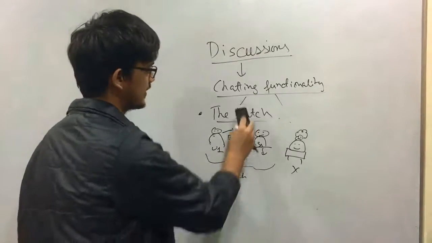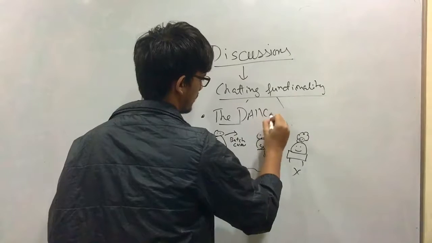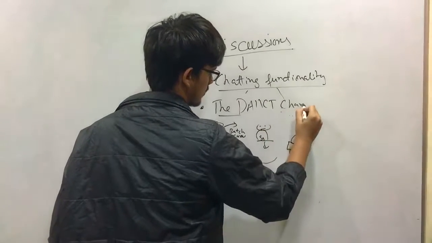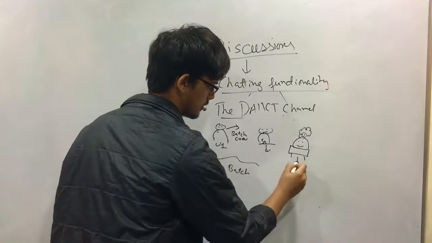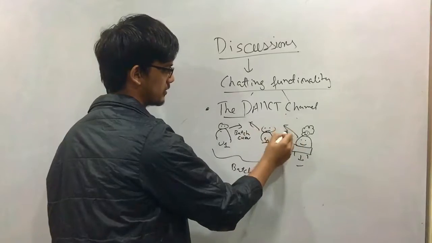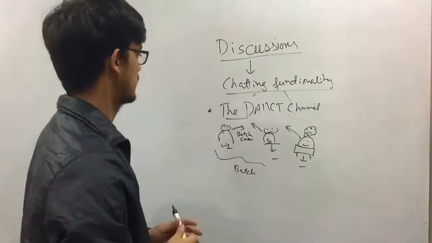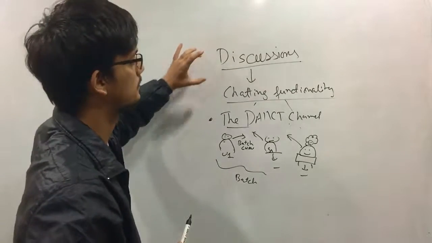But in the case of the DICT channel, everyone should get the message and everyone should be able to exchange the conversation. So this would be the testing scenario of this particular feature.